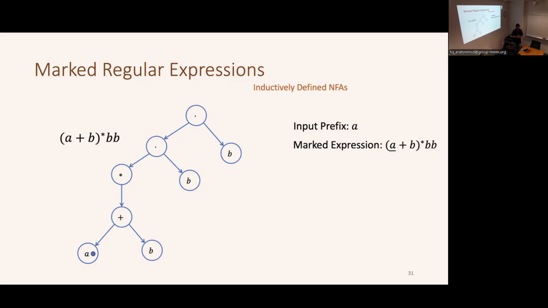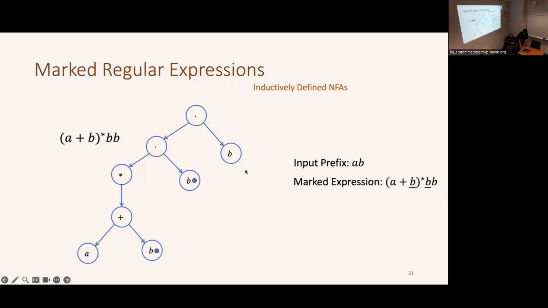I have not drawn the implicit NFA structure, but let's say that we have the input prefix A. When we get this input prefix A, my active state would be A, and I am placing a token on A. I am denoting this fact with this mark on A, showing that there is a token over here.